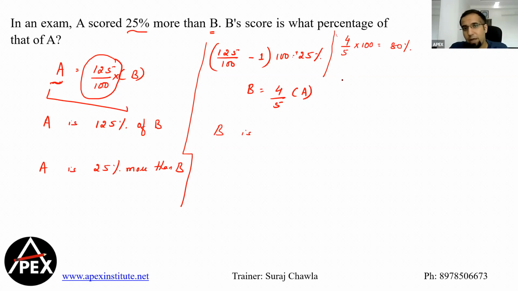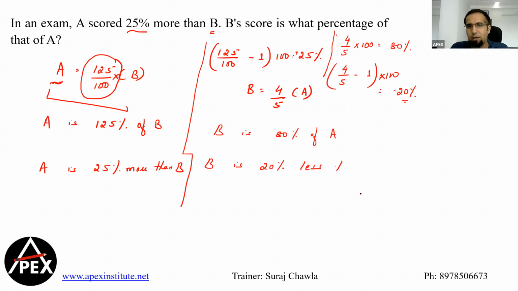So if I have the multiplying factor as 4 by 5, you subtract 1 and then multiply by 100, which means you get a minus 20%. So I can say that B is 20%, there's a minus sign, right? Less than A. Is this point very clear with all of us?